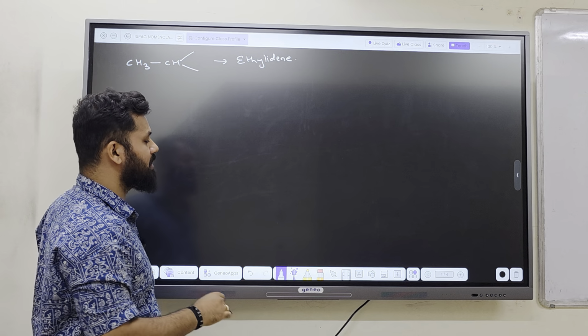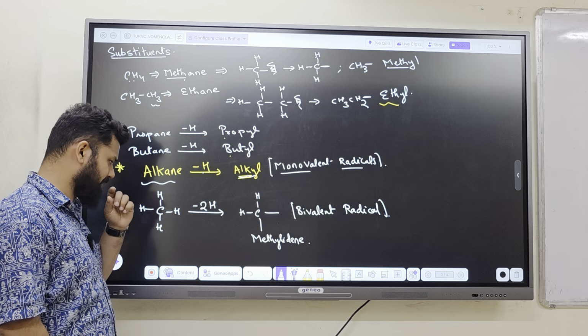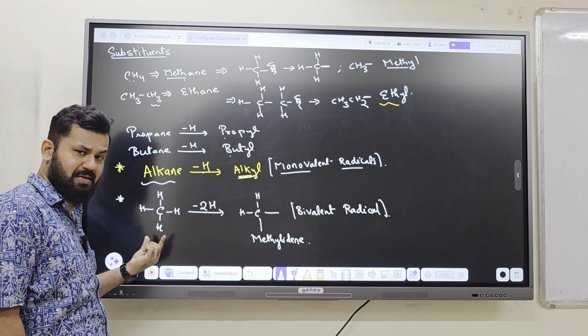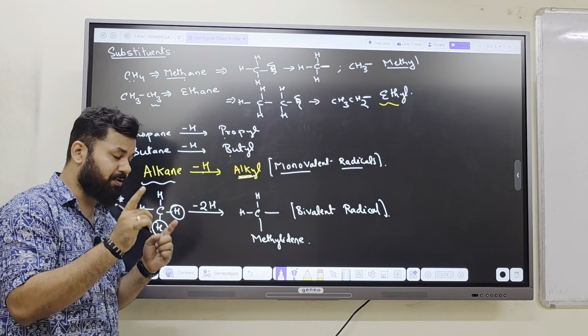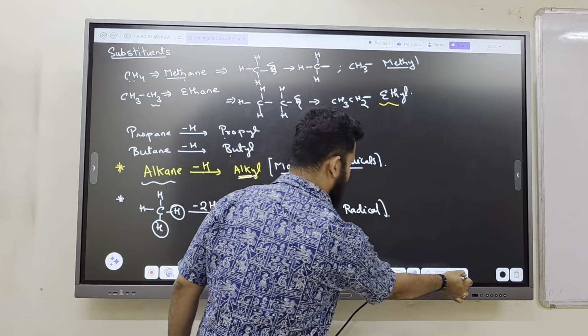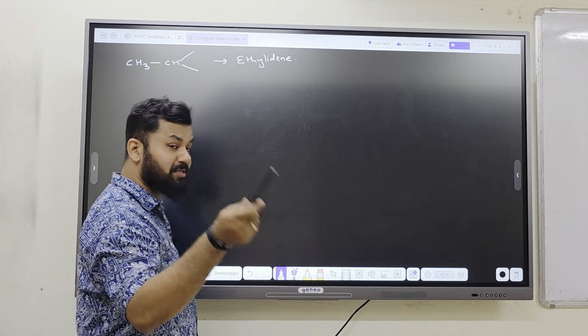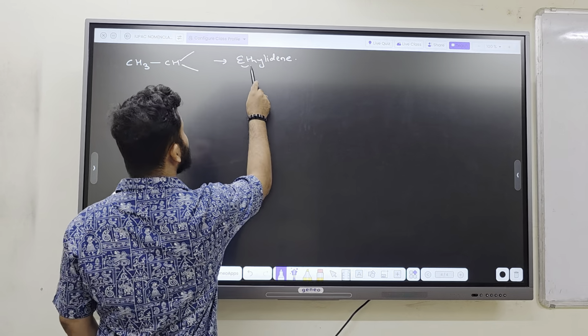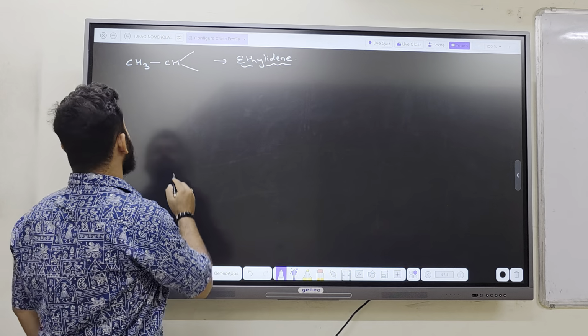Please pay attention that in the case of methane, I removed these two hydrogens from the same carbon. Likewise, in the case of ethane, I removed two hydrogens from the same carbon. The substituent came to be known as ethylidine.